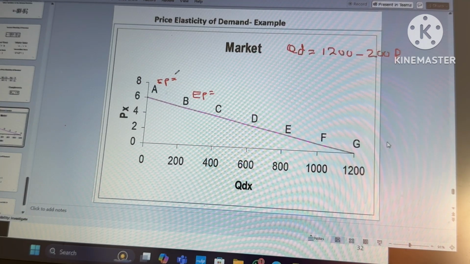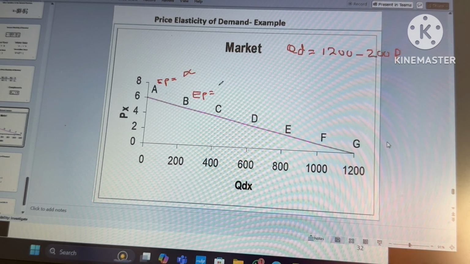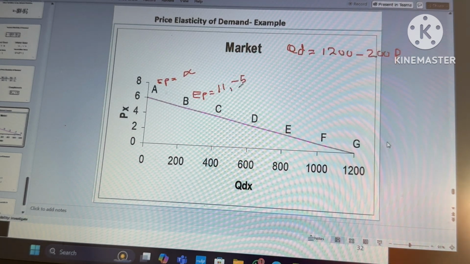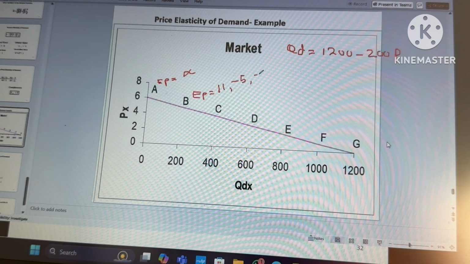Okay, so what is the price elasticity of demand at point A? Infinity. Point B? 11. Any different answers? Minus 5. Minus 2.5. Okay, we'll see which one is correct.